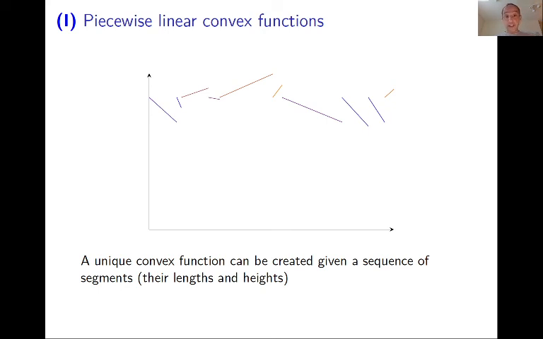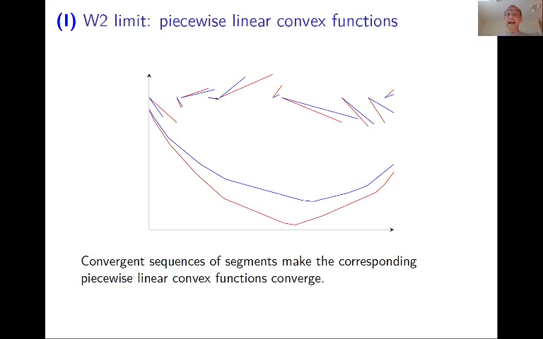The first observation is that if I give you a bunch of segments, whatever they are, whatever order I give them to you, you can always construct a unique piecewise linear convex function by simply ordering the segments according to their increasing slope. Now essentially our proof requires us to see that if we have such segments, and the lengths and slopes converge, then the corresponding convex functions will converge.